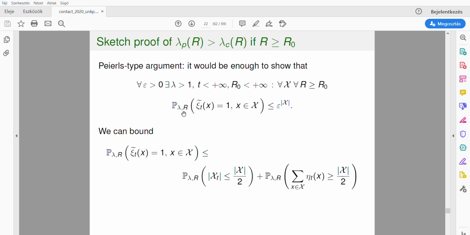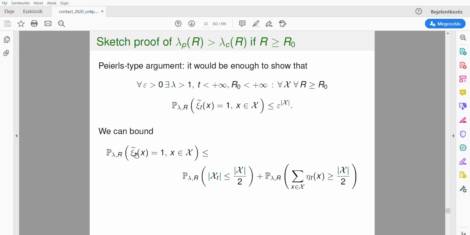And the way to prove this is I want to upper bound this probability, and I chop it in two halves. One half is about my coupling, and the other half is about the properties of the branching random walk. So I want to upper bound the probability that my infection paths are well behaved.